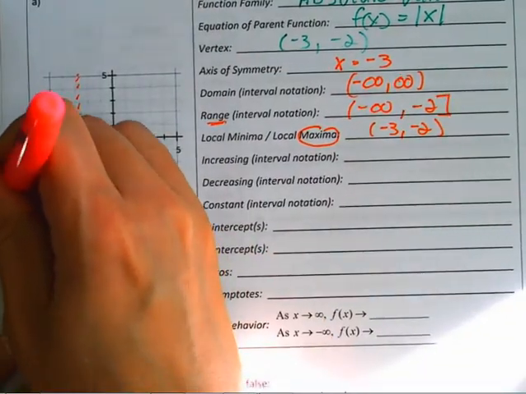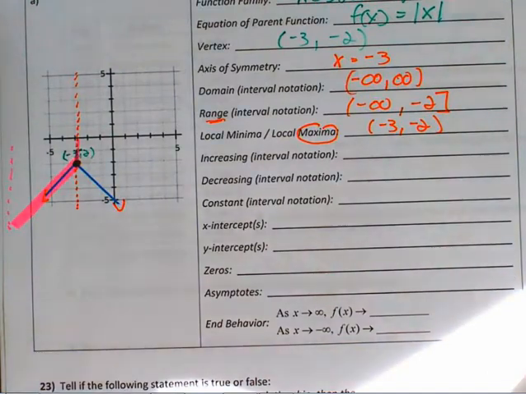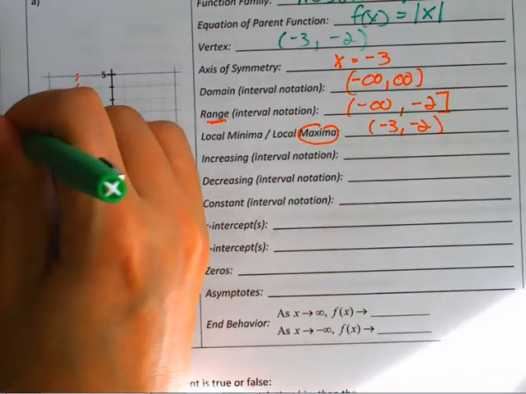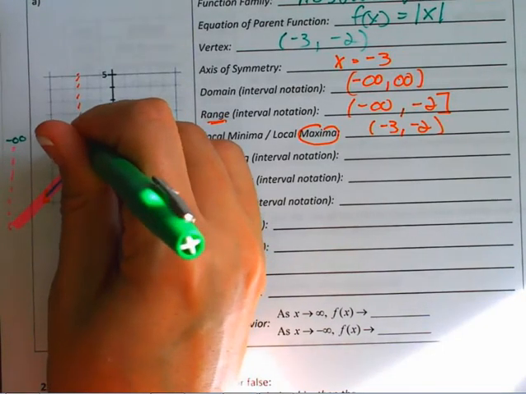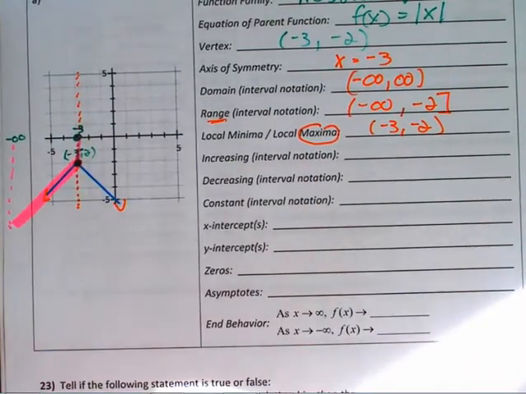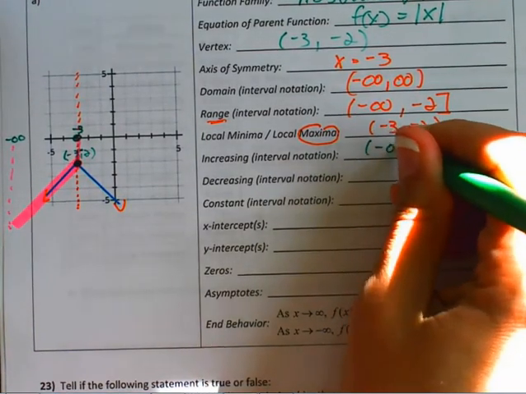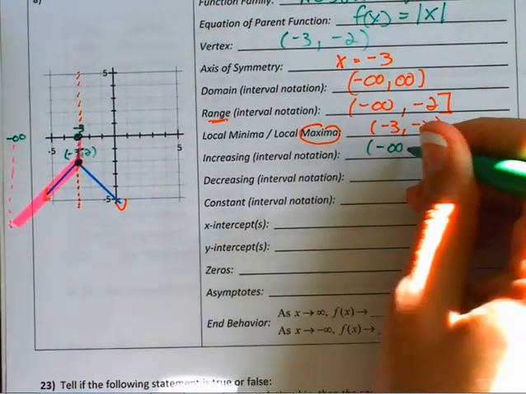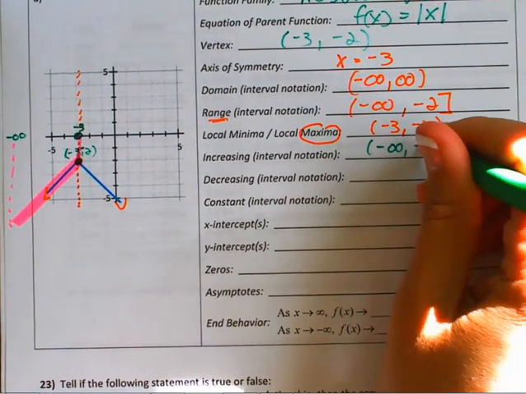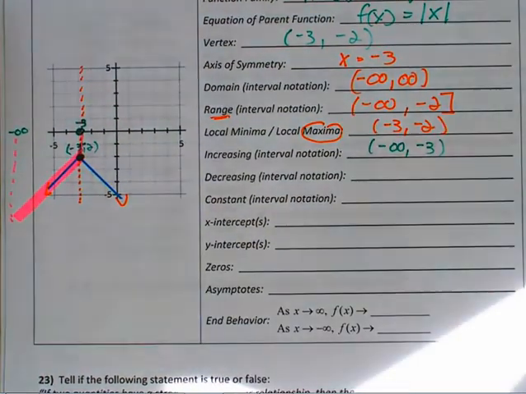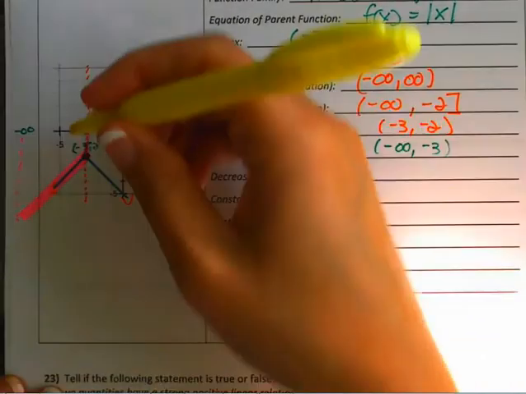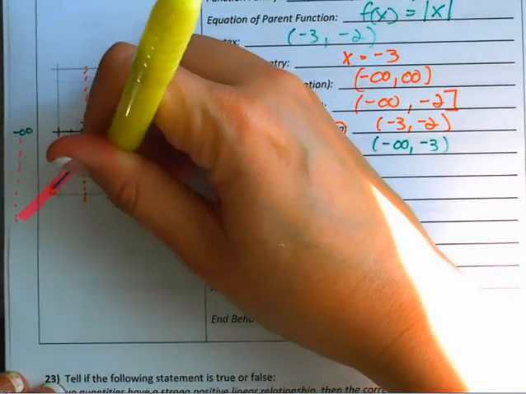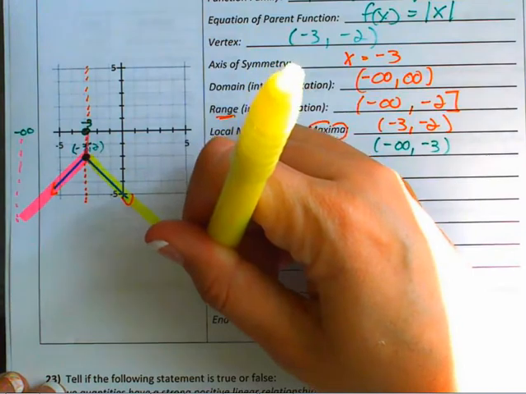So the x value way out here is going to be negative infinity, and it stops increasing here at negative 3. So it's increasing from negative infinity, because I'm talking about the x values, to negative 3, and we're going to use parentheses. And then for decreasing, now this graph is going down. The y values are getting smaller. It's going to keep going down forever.